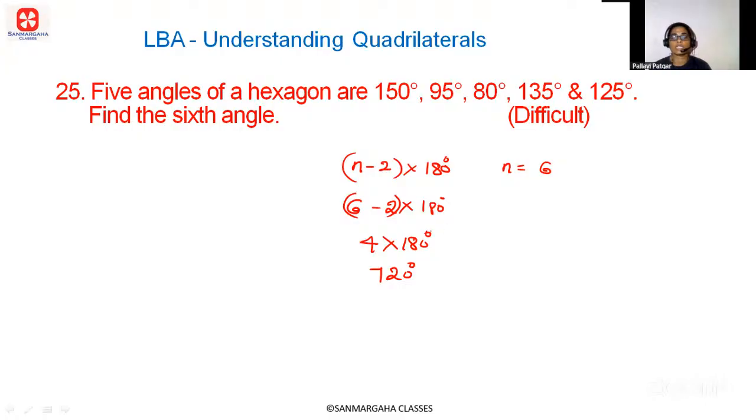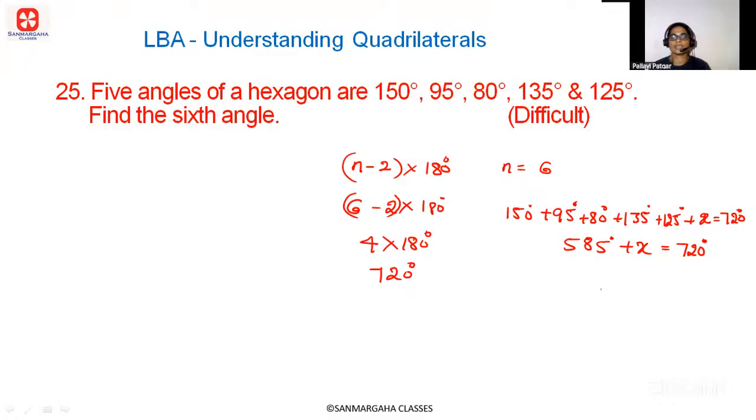So here the sum: 150 degrees plus 95 degrees plus 80 degrees plus 135 degrees plus 125 degrees plus x is equal to 720 degrees. Adding all of these, the sum is 585 degrees plus x is equal to 720 degrees.